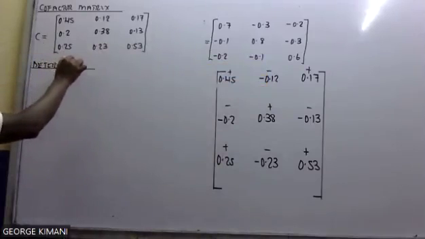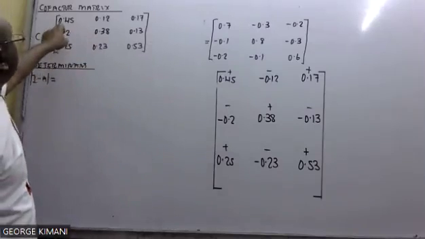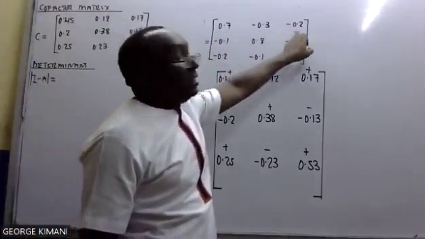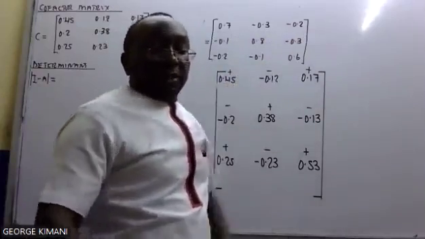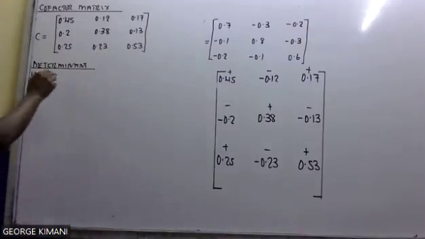So the determinant of I minus A: you pick the first row of the cofactor and the first row of the original matrix. We multiply those corresponding items and add.